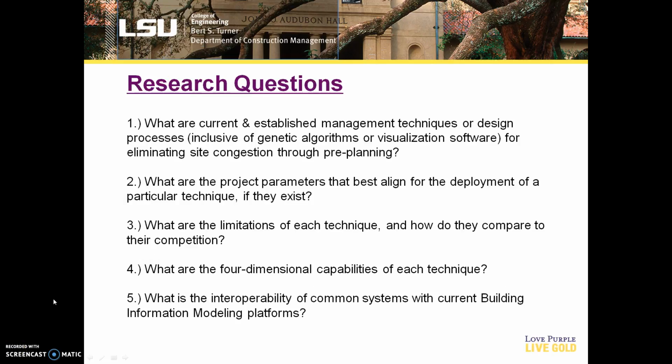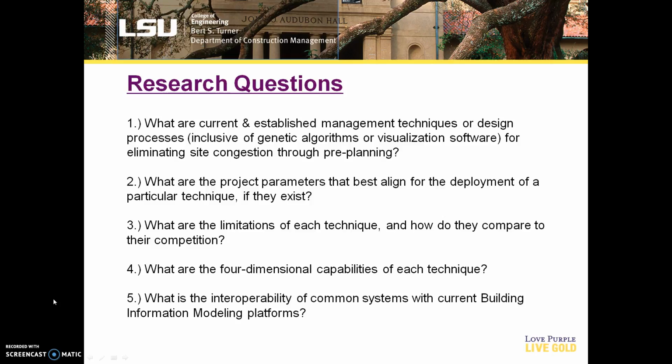So the research questions that I was posed with early on during this process are: what are the current techniques or software programs or design processes that active construction managers use to effectively pre-plan away any on-site congestion?